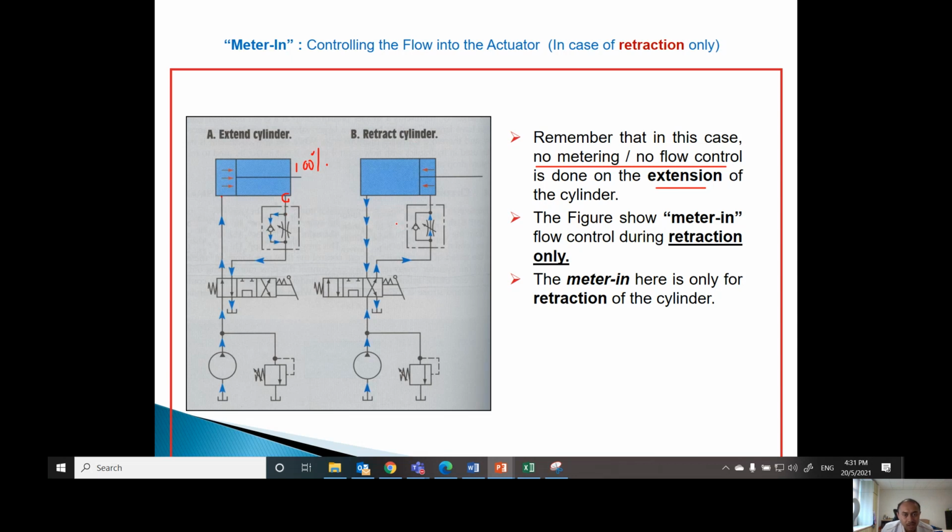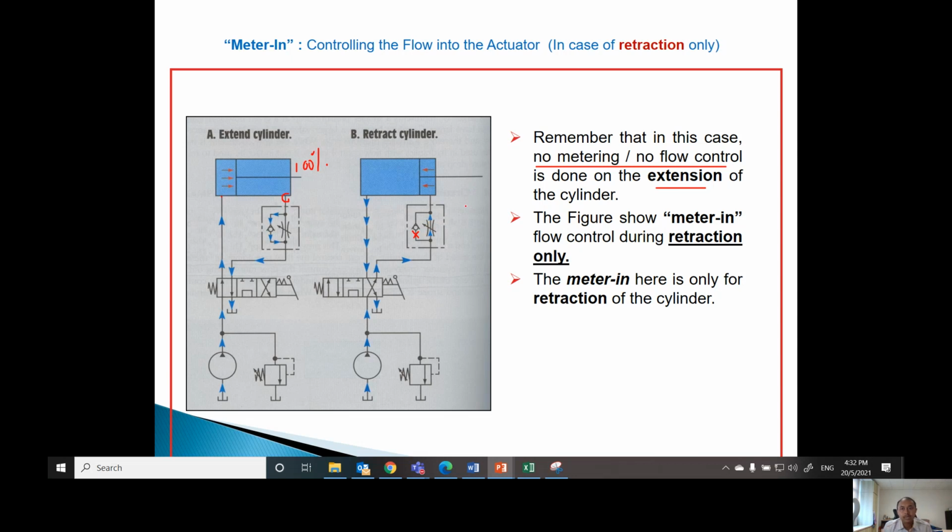And now during retraction, when you change the check valve position here, what happens? This one will be blocked, and there is no other way, so the flow has to go through the throttle valve. And when the flow goes through the throttle valve, the flow rate will be controlled depending on how much you open the valve.